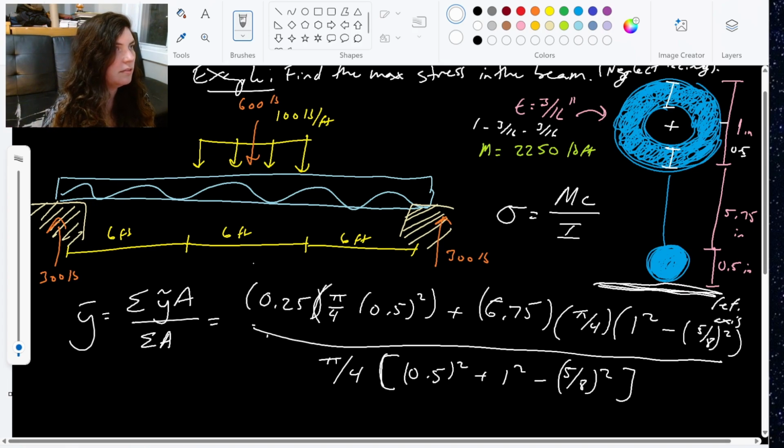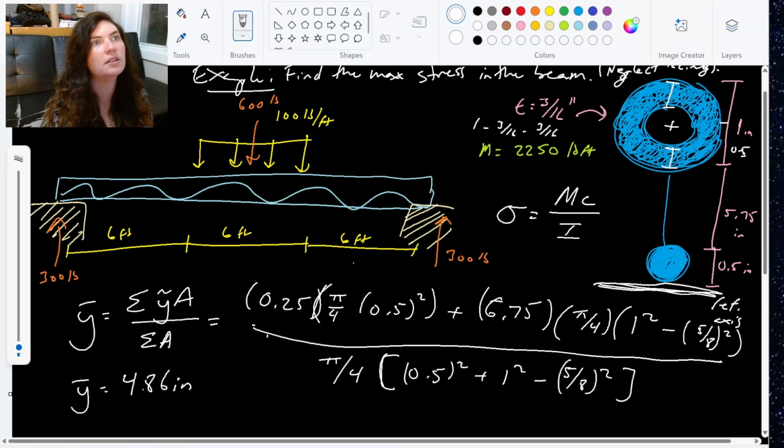And I punch all of that into the calculator just to get this centroid value of 4.86 inches. So that tells me that my centroid is hitting somewhere in here, somewhere in the center through that ribbing. This is where my centroid is hitting.